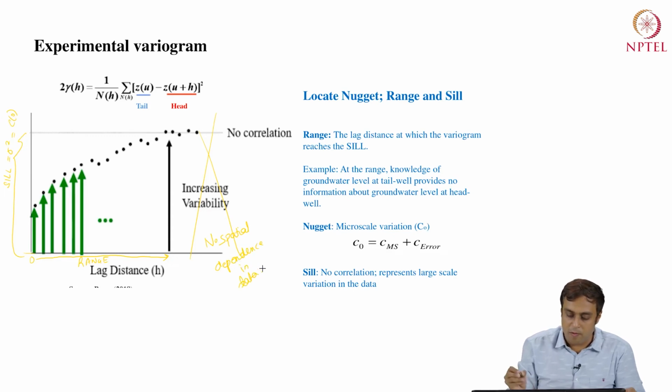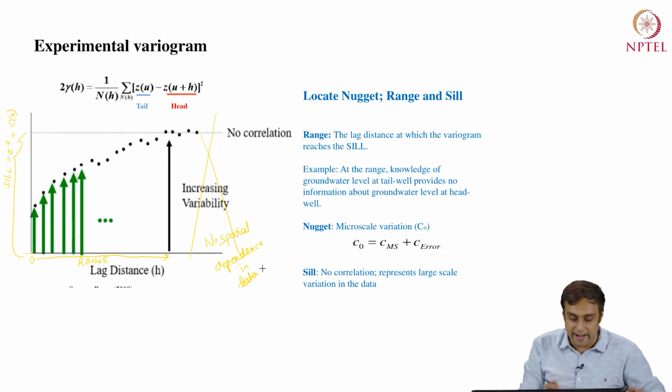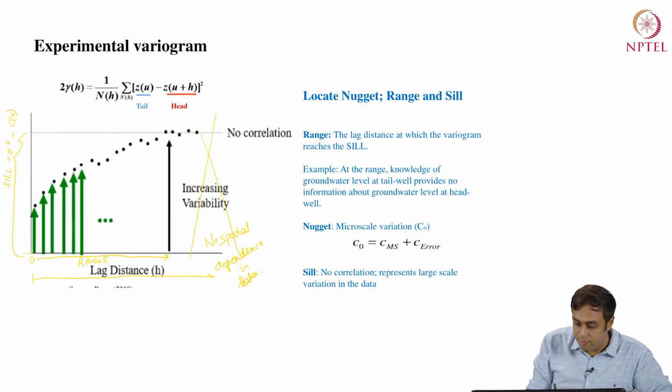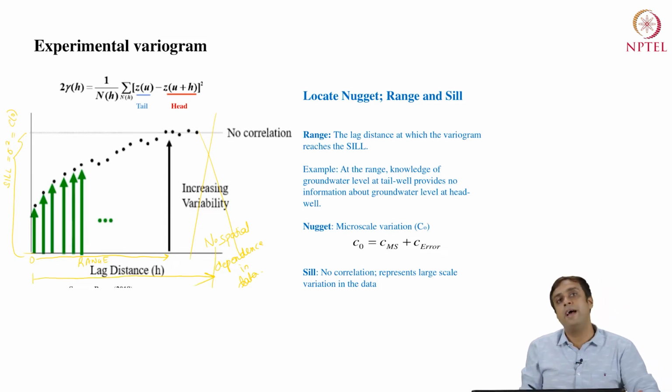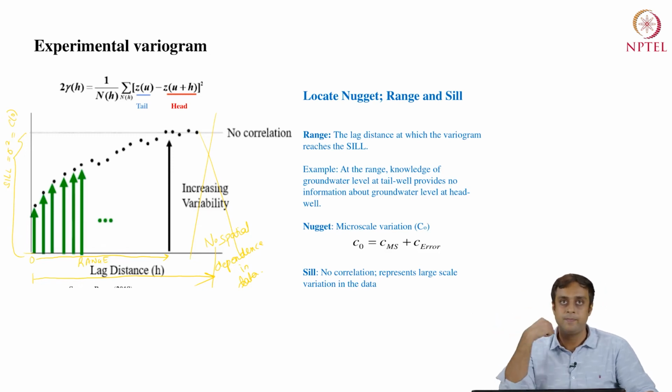That means, for our groundwater data set, the groundwater level at tail will provide no information about groundwater level at head, where the head lies farther away than the range value, which is the threshold value after which we have no spatial dependence, no information whatsoever in order to predict what to expect.